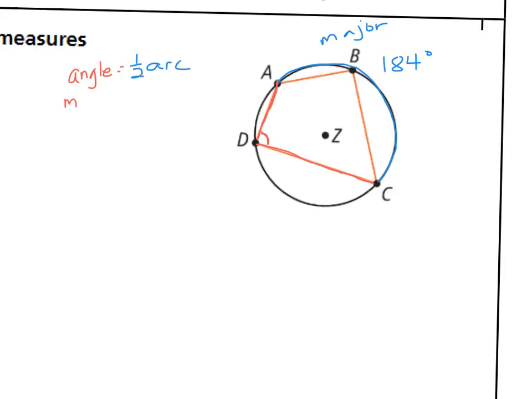So that means the measure of angle D is half of 184, or 184 divided by 2. 184 divided by 2 is 92. That means the measure of angle D, which is one of our four answers, is 92. Go ahead and mark that in. Okay?